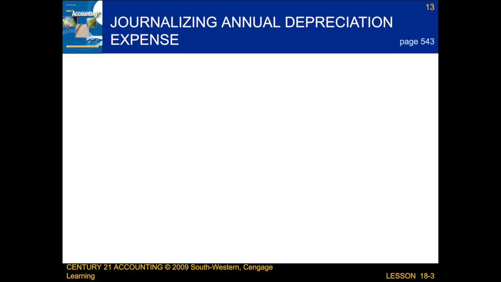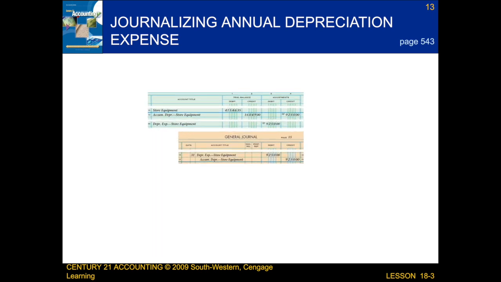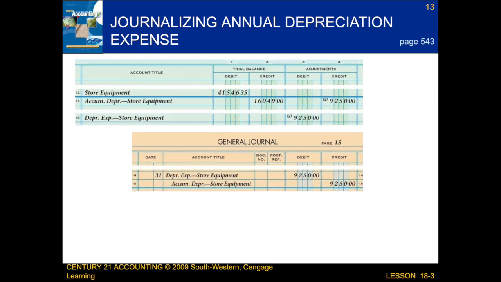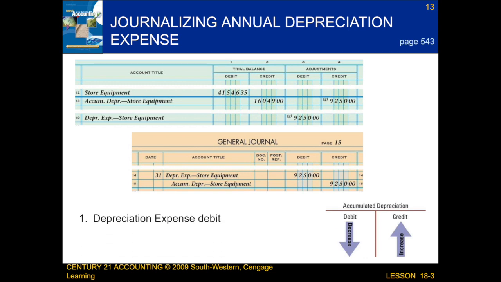Alright, next we're going to be talking about journalizing annual depreciation expense. So when we journalize annual depreciation expense, there are a few steps that we follow when doing this process. First, we debit depreciation expense.